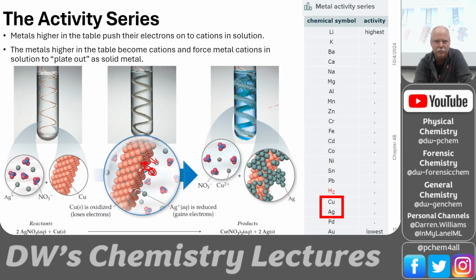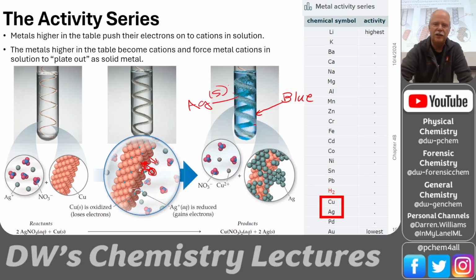You see that the solution is turning blue. Can you see that color change? That's the copper going into solution. So copper cation in solution is blue. And then you see this fuzzy stuff showing up on the copper wire. That's the silver solid.